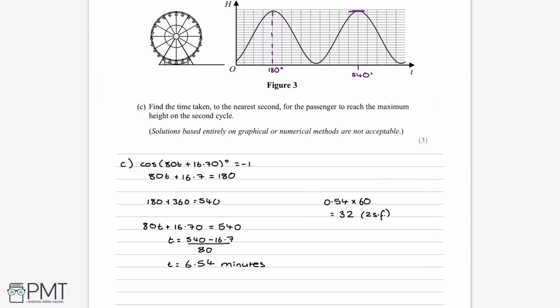So this means that 0.54 of a minute is 32 seconds. So we can say that the time is 6 minutes and 32 seconds.